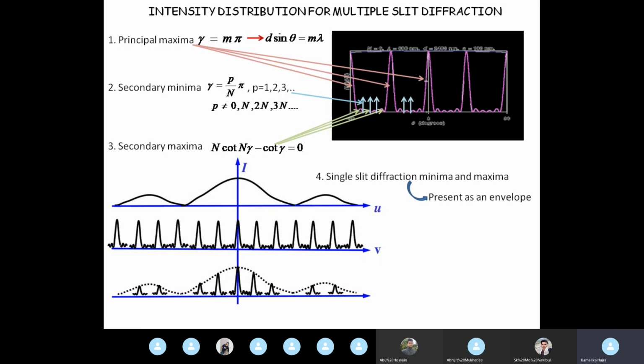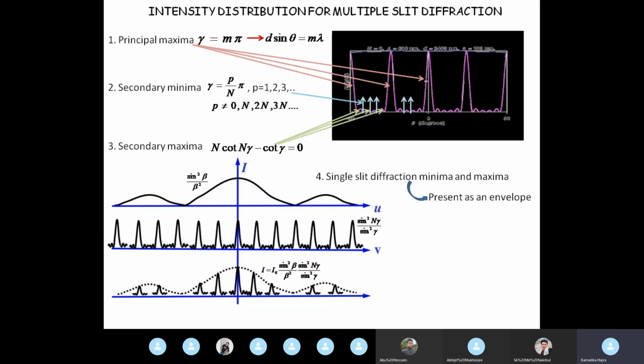But if the single slit diffraction is considered, then we have this sine square beta by beta square. Then we have this sine square n gamma by sine square gamma. And finally, we have the product of the two, sine square beta by beta square into sine square n gamma by sine square gamma, where we can clearly see that the diffraction term basically modulates the interference term.